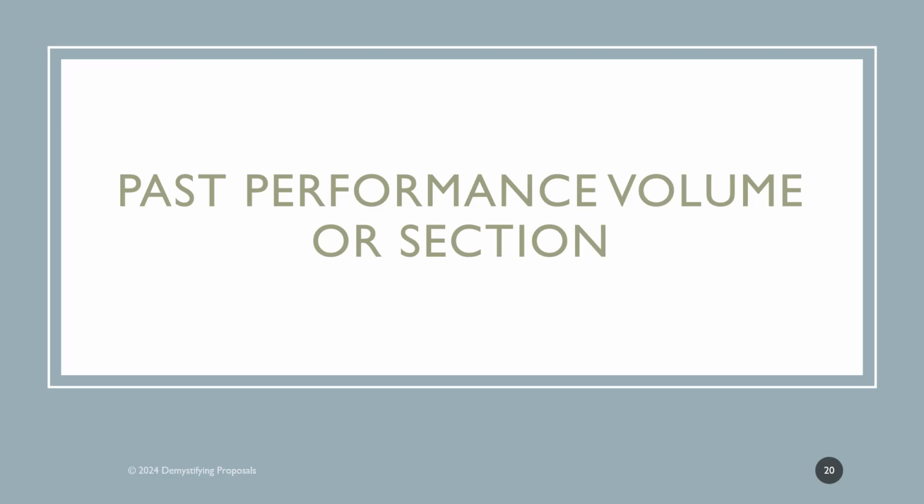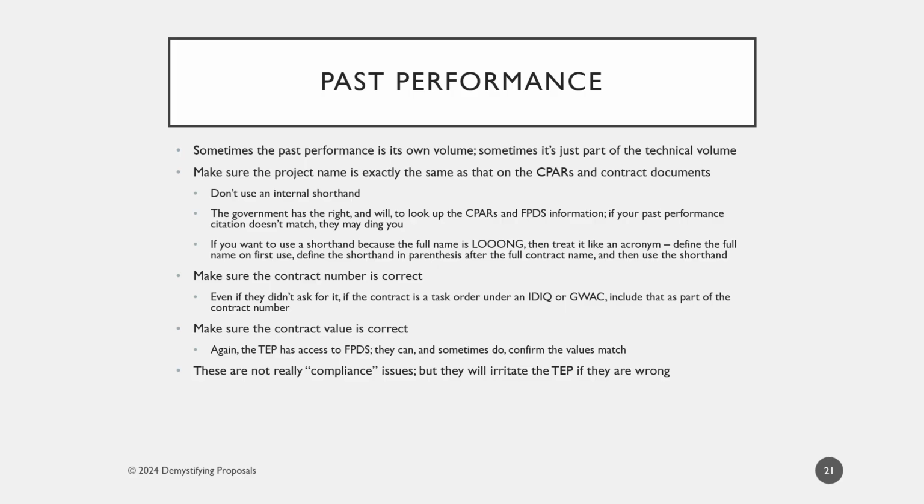Next, we're going to look at the past performance volume or section. Sometimes the past performance is its own volume, and sometimes it's just part of the technical volume. When you put in your past performance citations, make sure that the project name is exactly the same as that on the CPARs and the contracts documents.